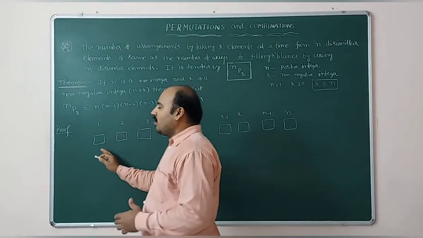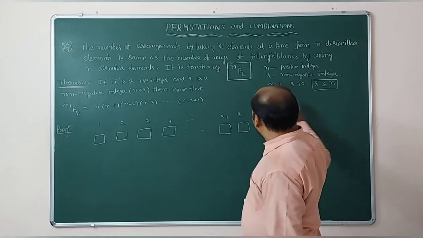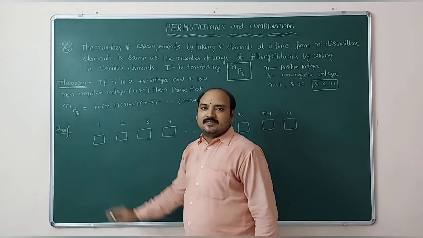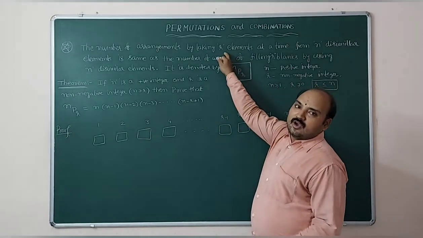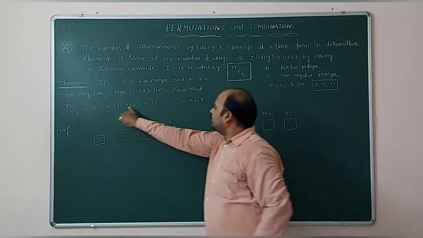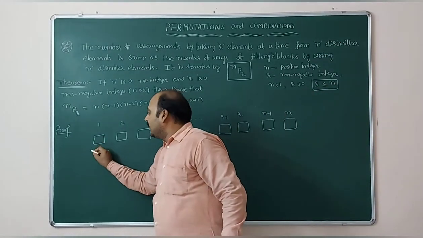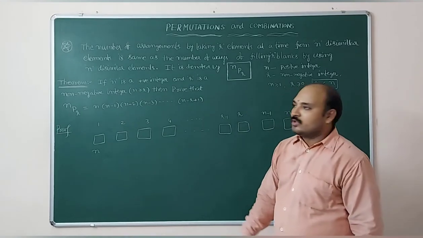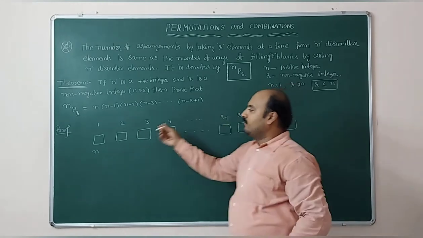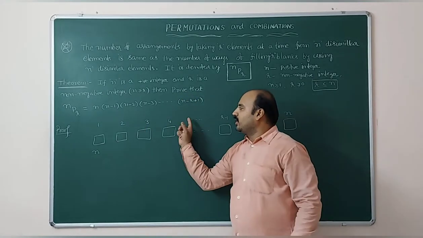For filling the first box or first blank, what are the possibilities? Total n elements are there. Out of n things they are asking to arrange r at a time. So first, one at a time I am taking. For this blank, how many possibilities are there? From 1 to n possibilities are there, so this blank can be filled in n ways. Either 1 you can put here, or 2, or 3, and so on.